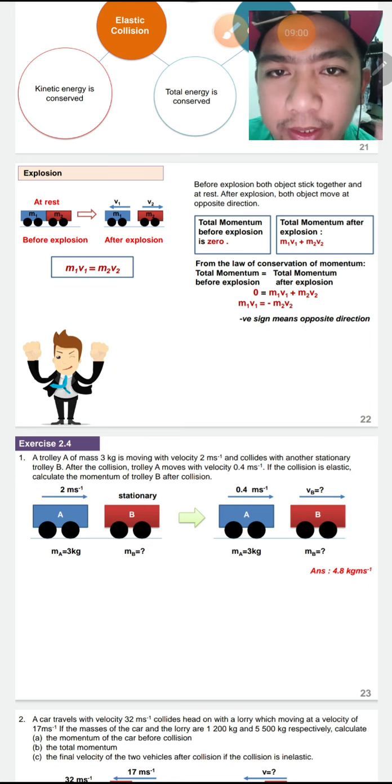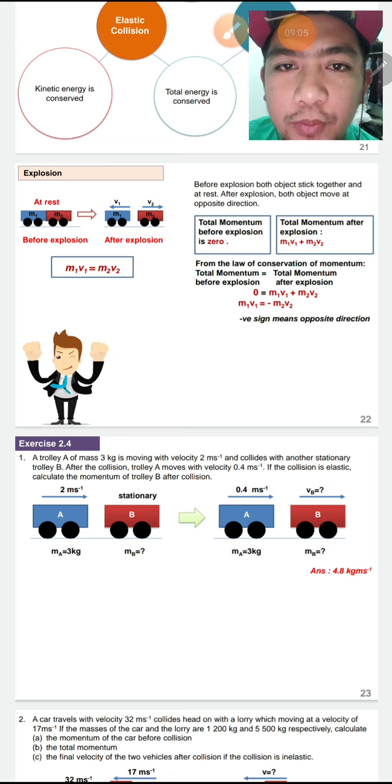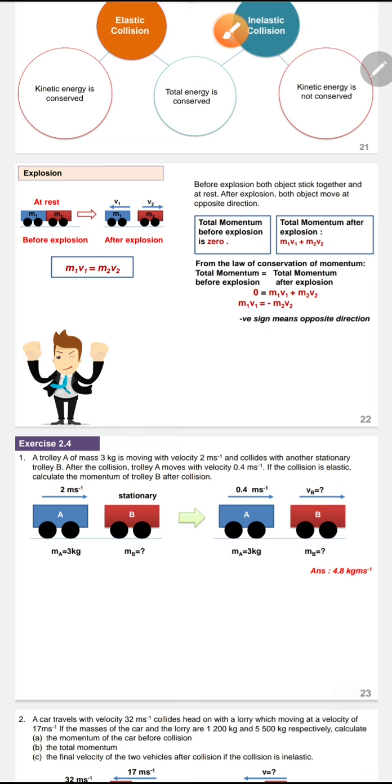So what is explosion? Before explosion, both objects stick together and are at rest, meaning not moving. After explosion, both objects move in opposite directions. Look at here.